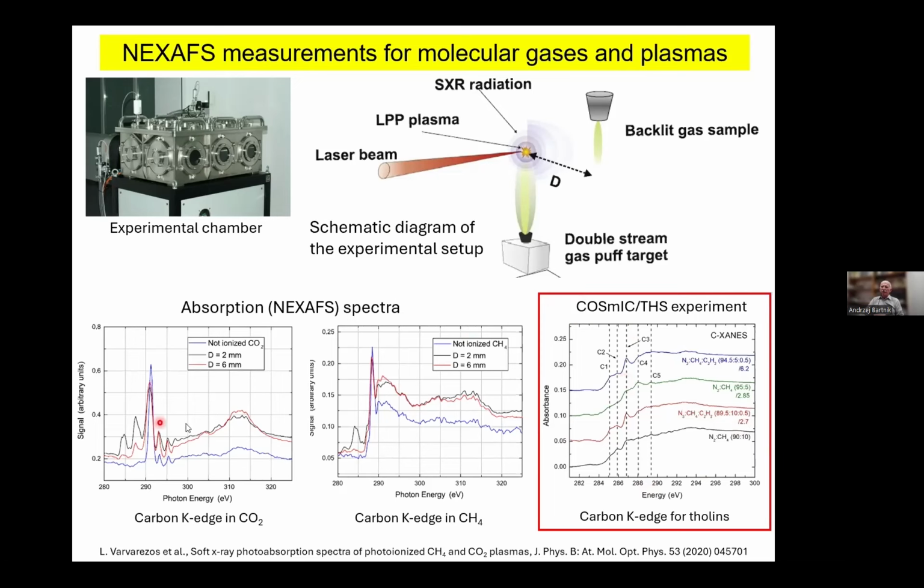We also have an instrument based on a laboratory plasma source, allowing for such measurements, and we performed experiments with a mixture of CO2, methane, nitrogen, etc. And we obtained such spectra as well, but these spectra were obtained for the material deposited on plates.